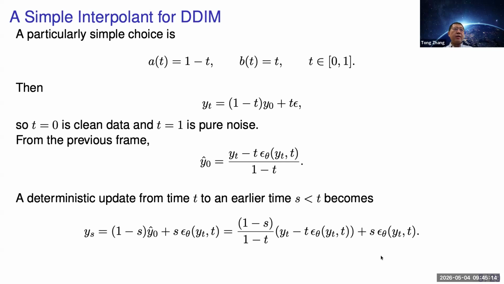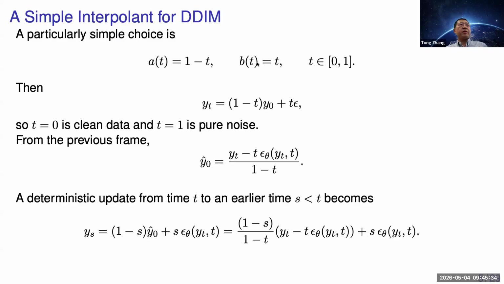So it becomes that. Now, if you look at that, what do you see, right? What exactly happens is this guy is not well defined when t equals 1. The same issue will come if you use the original diffusion model. But because we are looking at flow matching, we were specifically looking at this.